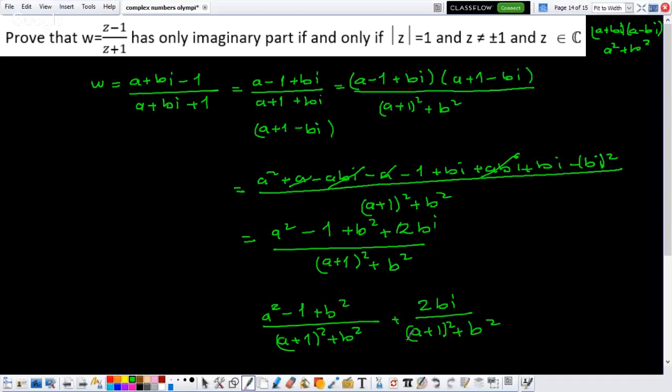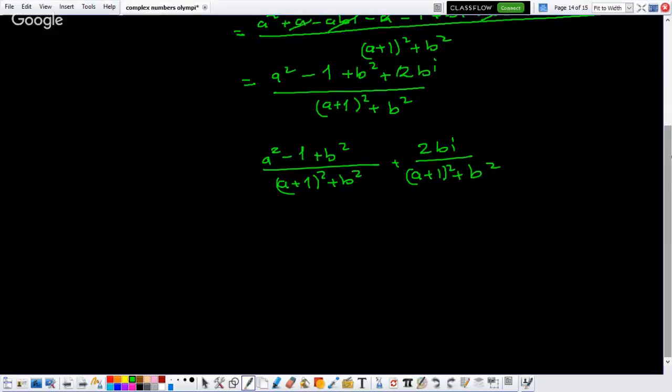I can separate like this. This is the real part of the number. This is the imaginary part of the number also. Or I can write like this: A square minus 1 plus B square over A plus 1 square.